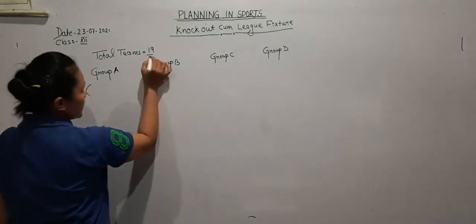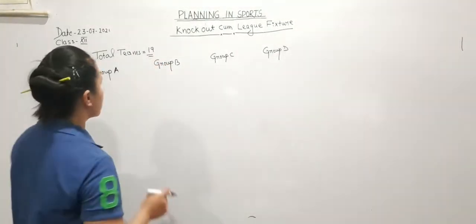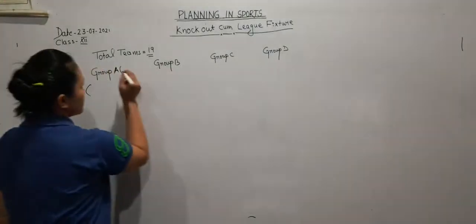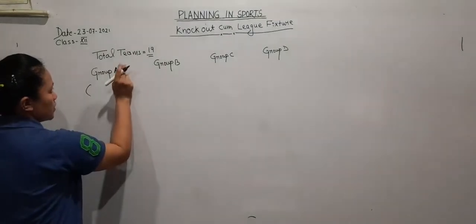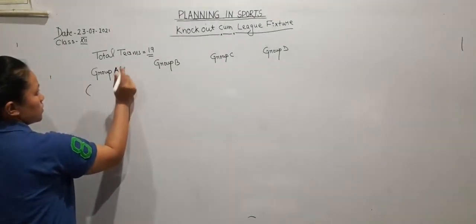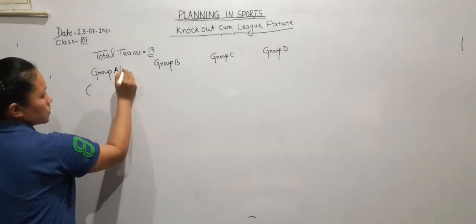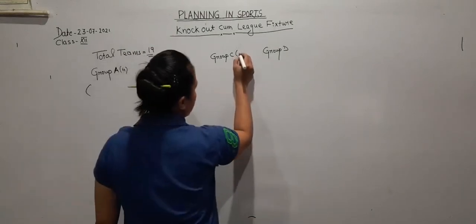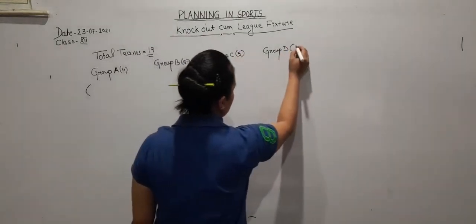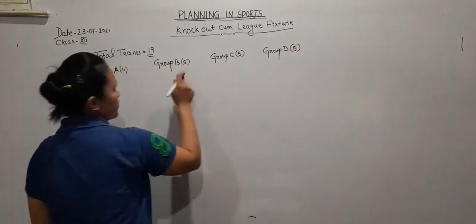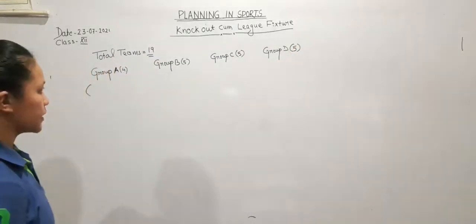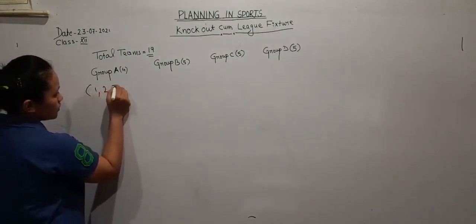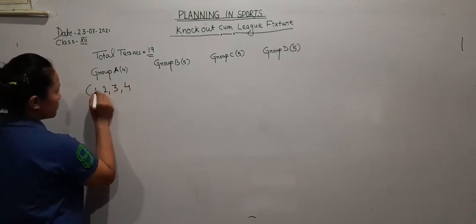Since there are 19 teams, in group A there will be 4 players, and in group B 5 players. In group C 5 players, group D 5 players. So group A has 1, 2, 3 and 4.